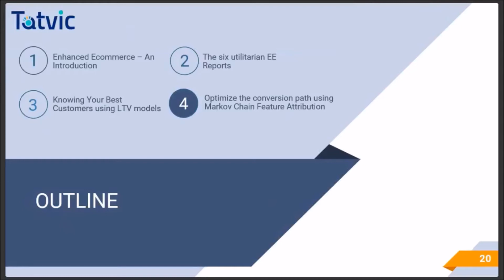Now, the fourth point, or the last thing before we roll up for today, is about Markov chain feature attribution analysis. What is that? Feature attribution analysis is mostly for product managers like me. When I set up the tasks for my sprint for the next release, I need to know beforehand which features I need to include in this cycle, which features I need to optimize from the previous cycle, and which features I should remove for sure.